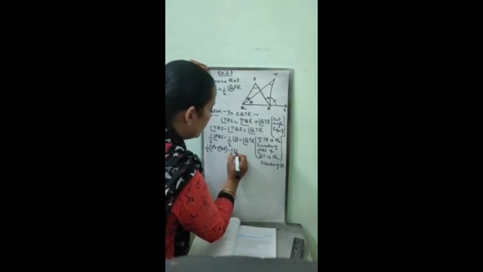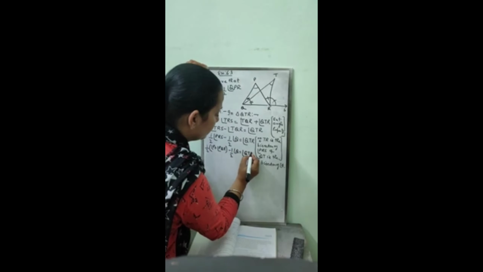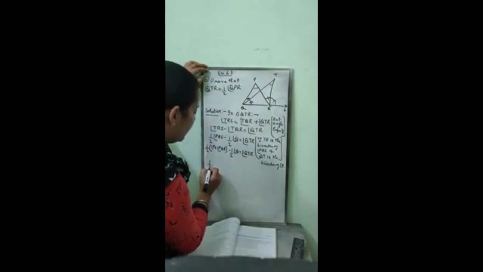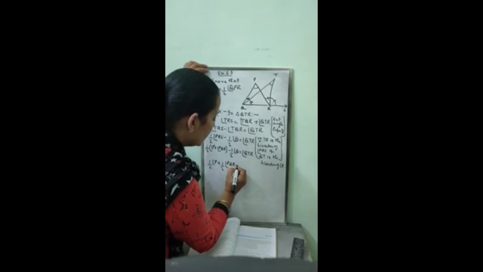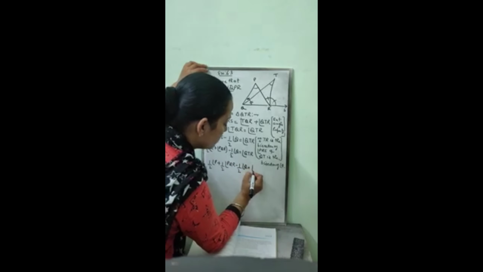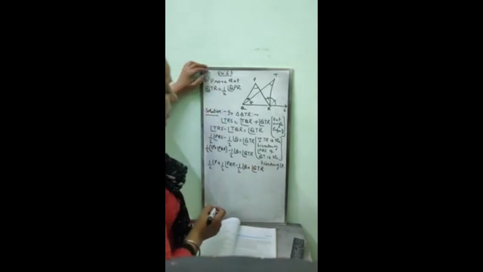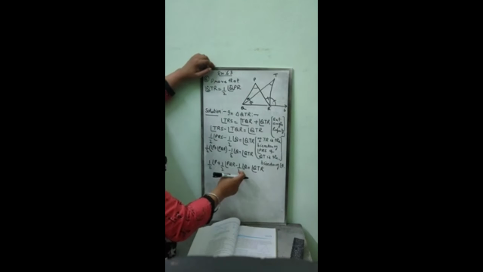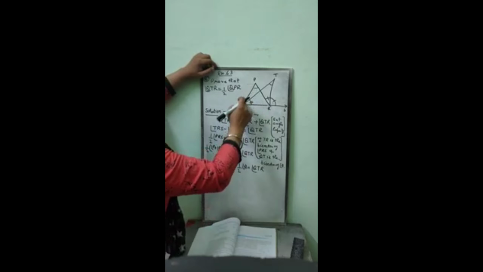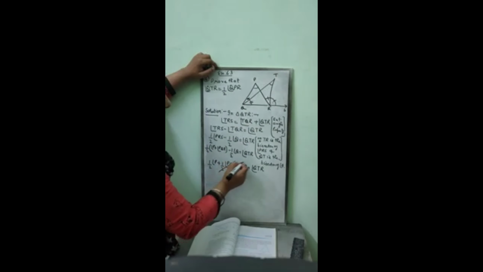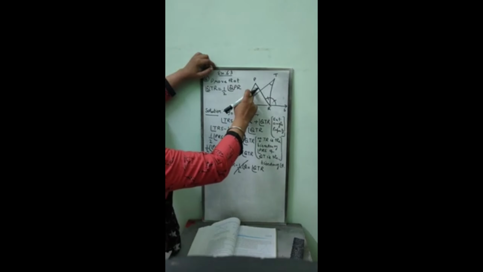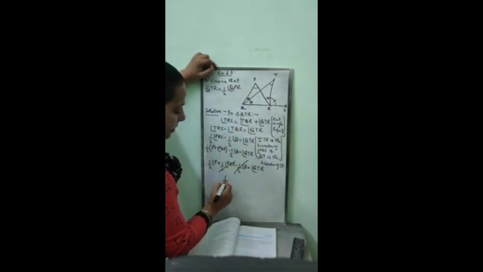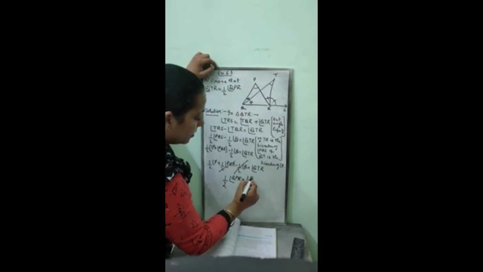Half of PRS minus half of angle Q is equal to QTR. So half of P plus half of PQR minus half of Q is equal to QTR. Students, this PQR and Q are the same angle, so they will be cancelled. We are left with half of angle P. What is the full name of angle P? QPR. Half of angle QPR is equal to angle QTR.